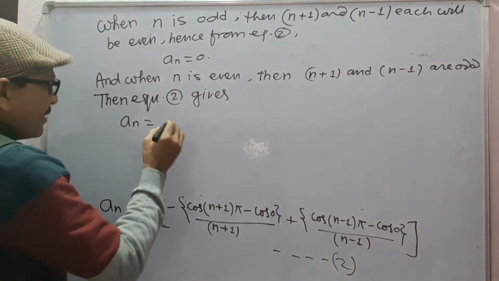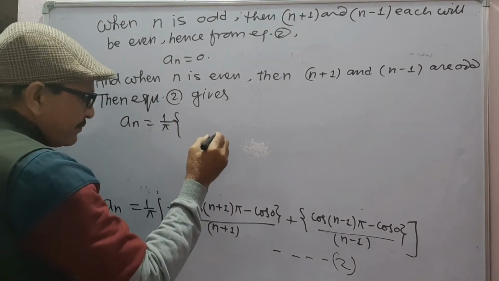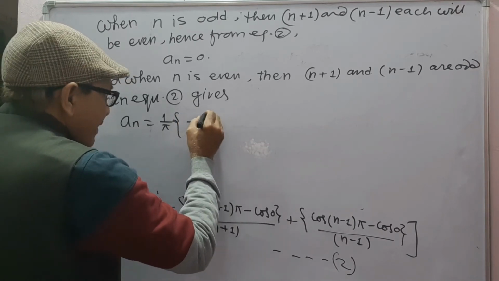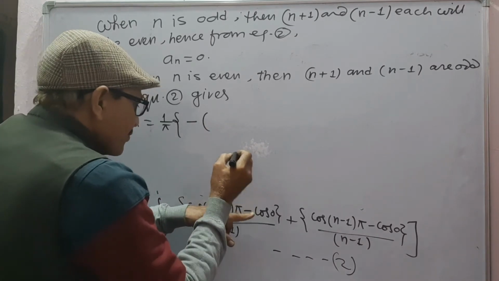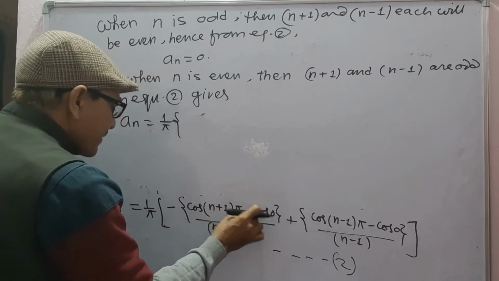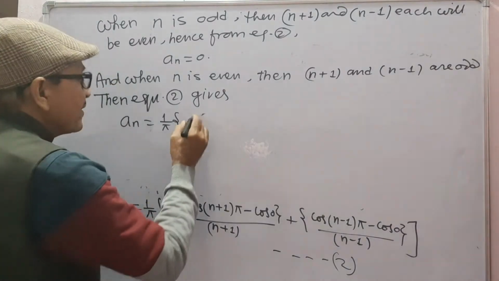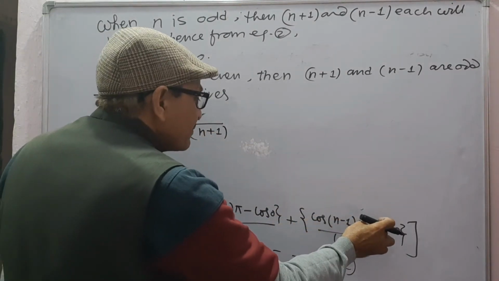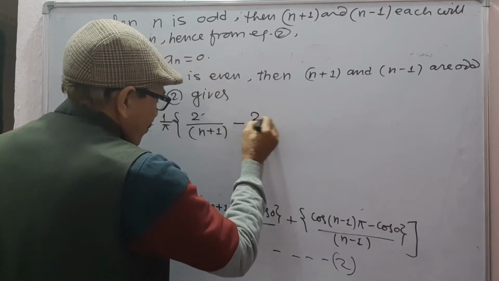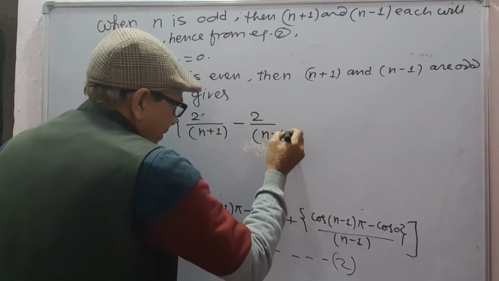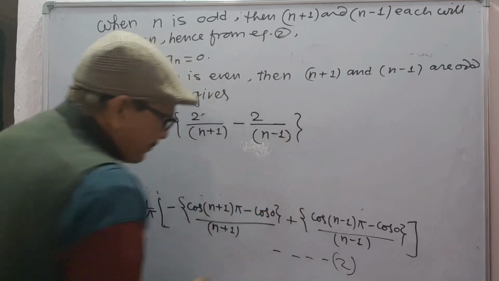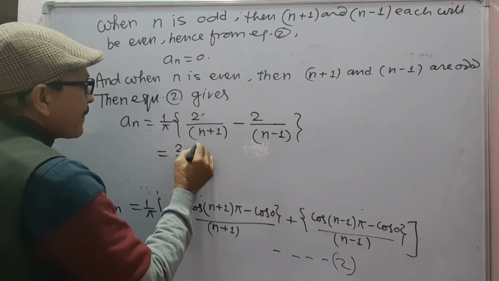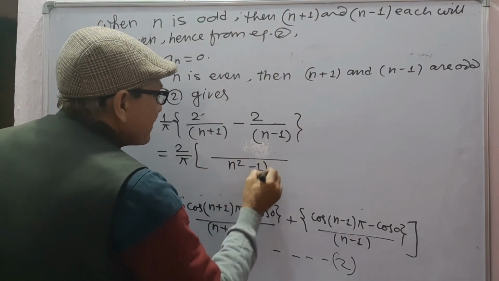a n is equal to 1 upon pi, this is minus 1 minus 1 minus 2 into minus gives 2 upon n plus 1, and minus 1 minus 1 minus 2 gives minus 2 upon n minus 1. 2 can be taken common, 2 upon pi, n square minus 1 will be the LCM.